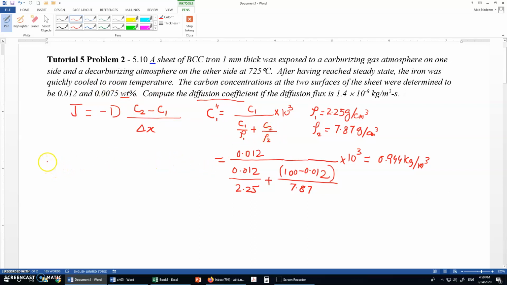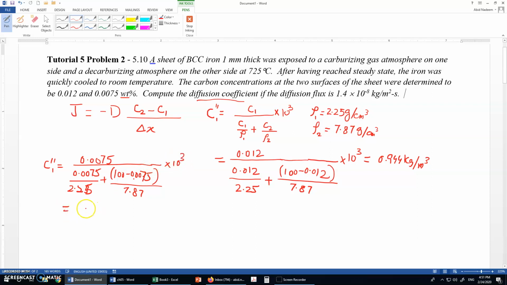That will be C1 prime, equal to 0.0075 divided by 2.25 plus (100 minus 0.0075) divided by 7.87, multiplied by 10^3.